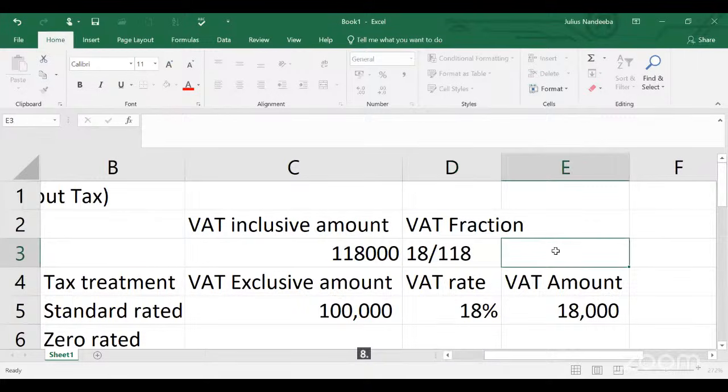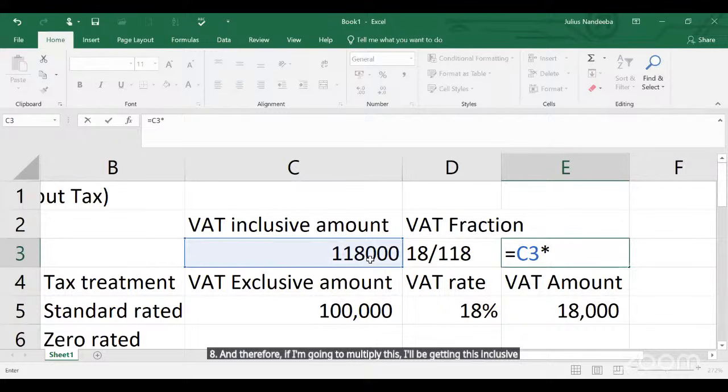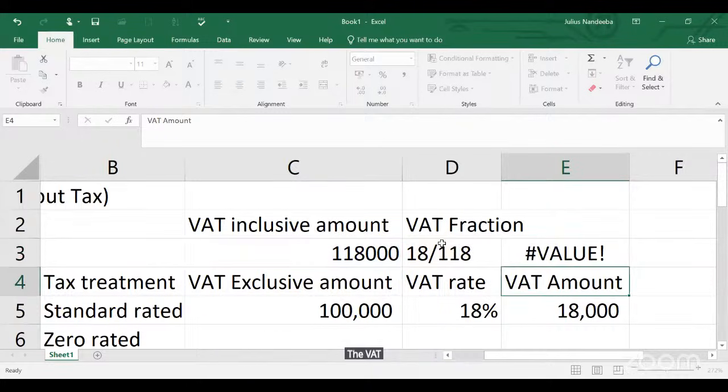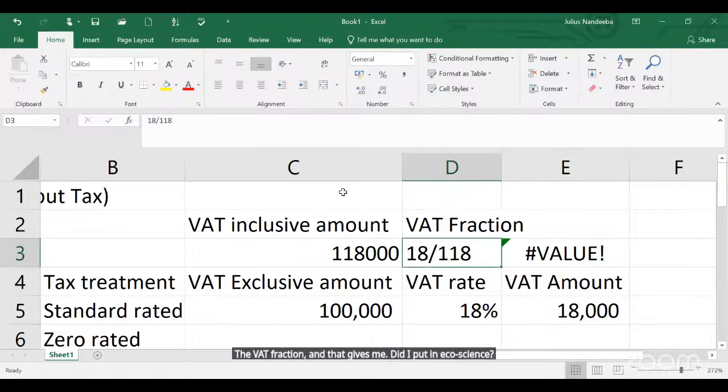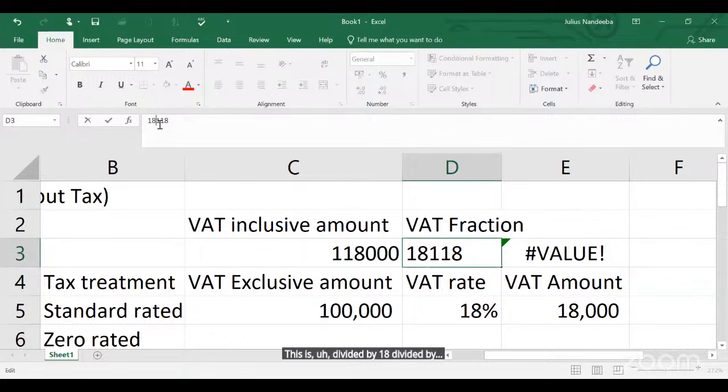Therefore, I multiply this inclusive amount times the VAT fraction, and that gives me 18 divided by 118.